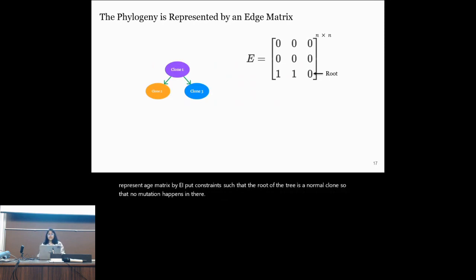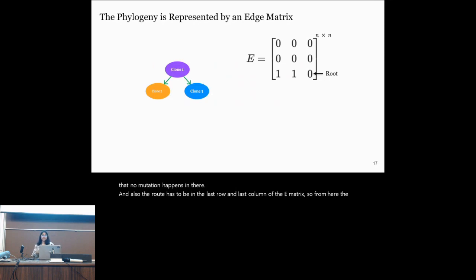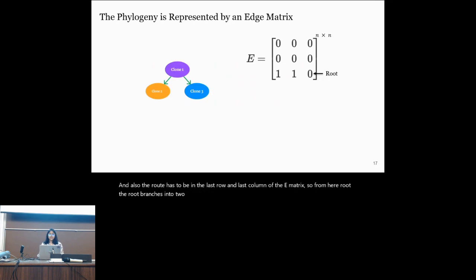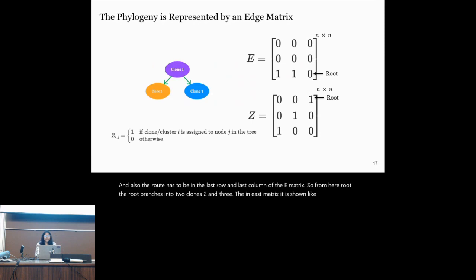And also the root has to be in the last row and last column of the E matrix. So from here, the root branches into two clones, two and three. In the E matrix, it is shown like that. And similarly, we need another matrix Z, which will map the rows of the estimated copy number matrix to the observed copy number matrix, because we put in individual constraints on the structure of the evolutionary tree and the estimated matrix.